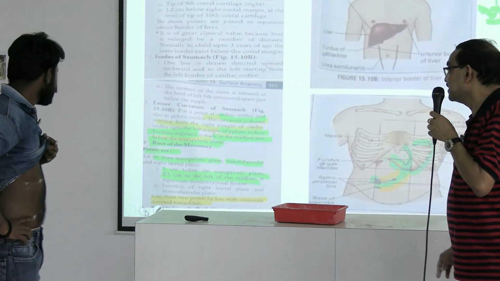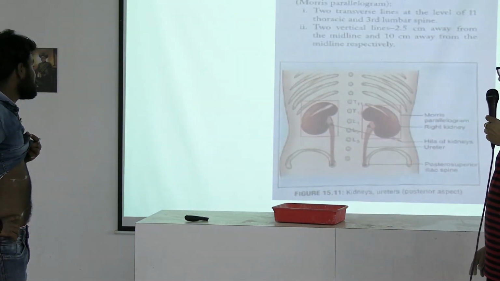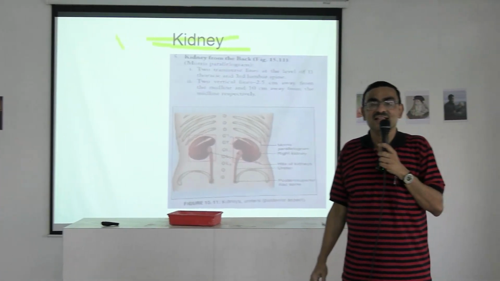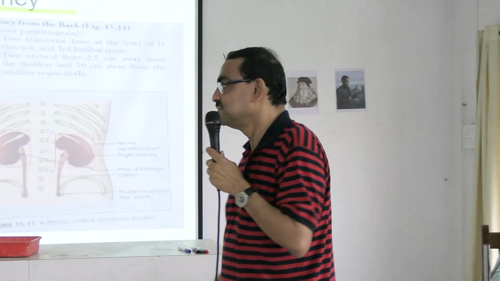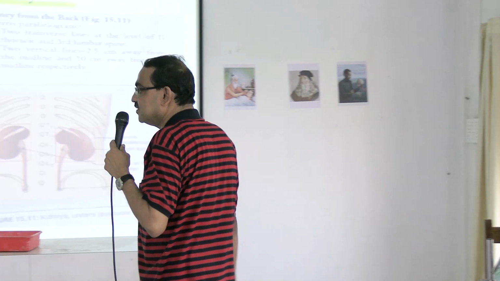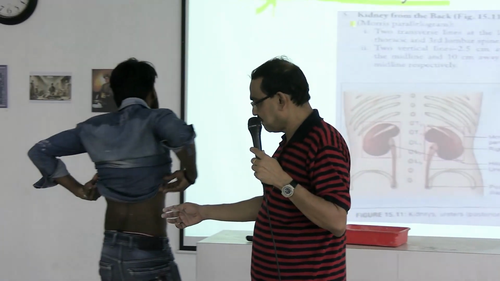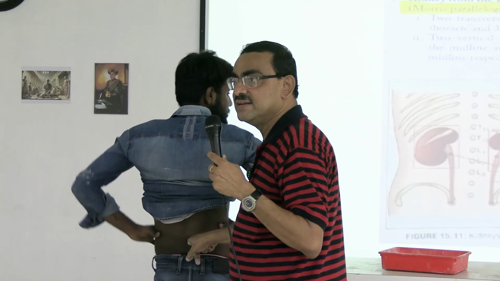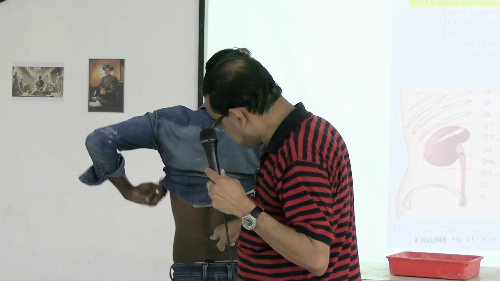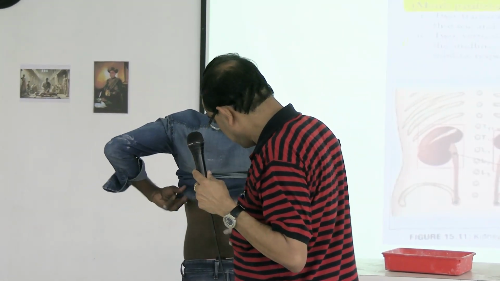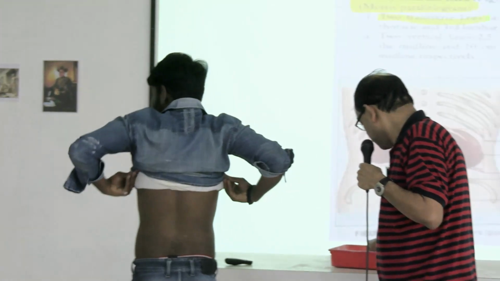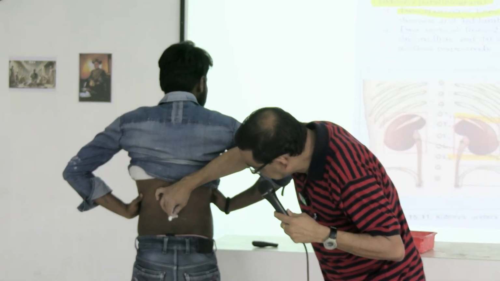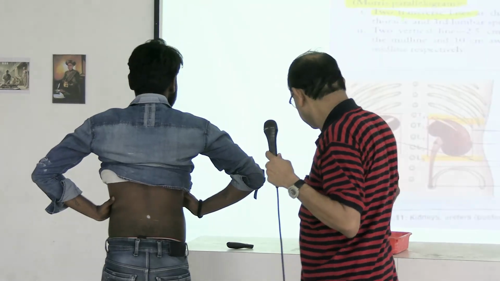Next is the kidney from the back. You can see there are two lines drawn on the back. This is the fourth lumbar spine. This is the third lumbar spine. So we have to put a point over the third lumbar spine.